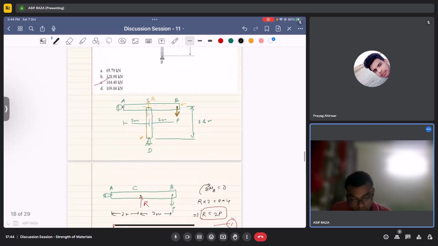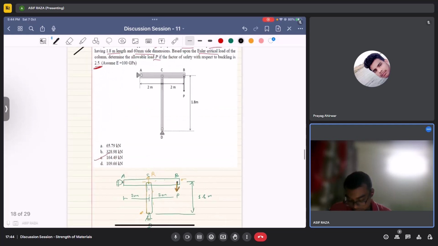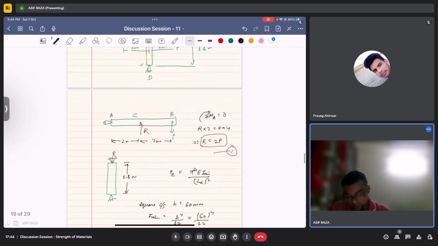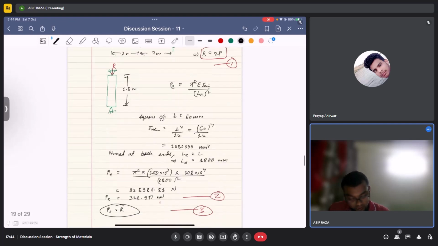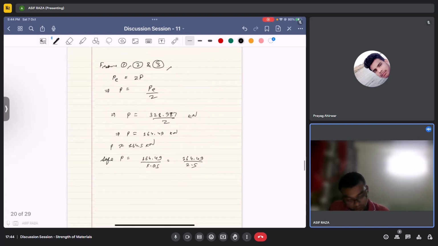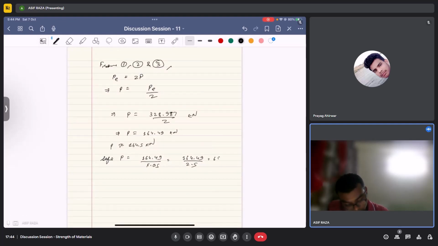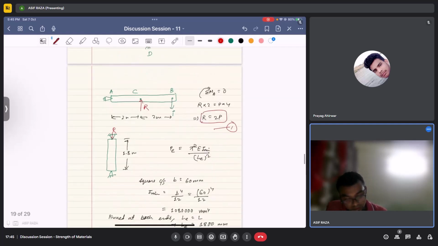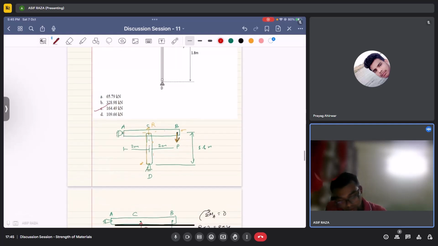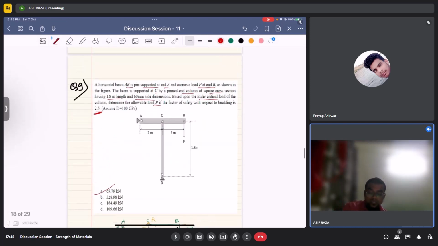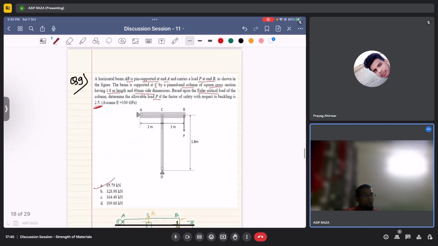Divided by 2.5, it comes around 65.79 kilonewton. So the correct answer is option A, 65.79 kilonewton.